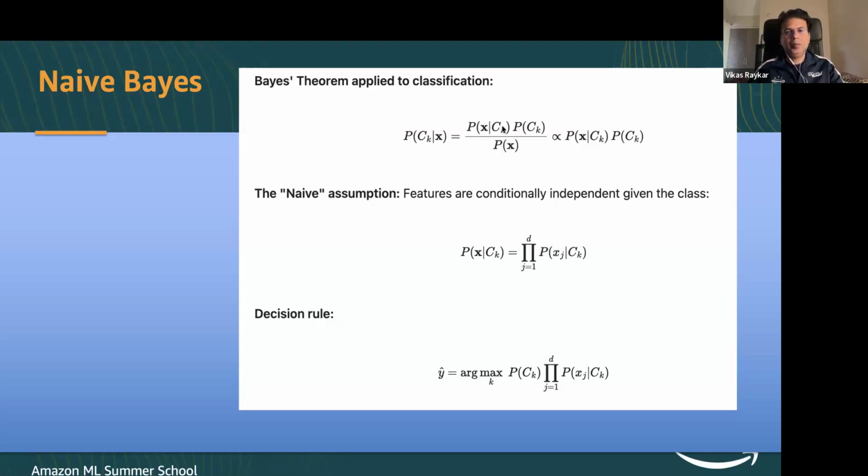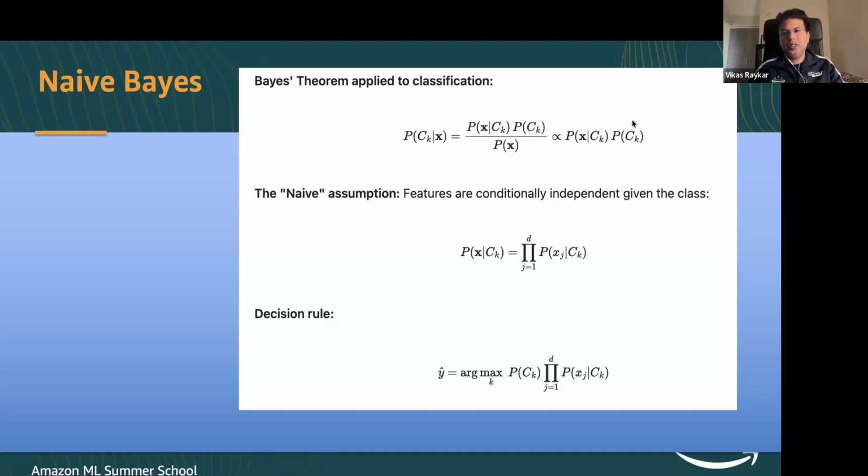Using Bayes theorem, I can invert it like this: probability of X given CK times probability of CK, divided by probability of X. Here, P of X is a normalization factor which does not depend upon CK, so we can remove it. So this is proportional to probability of X given CK times P of CK.